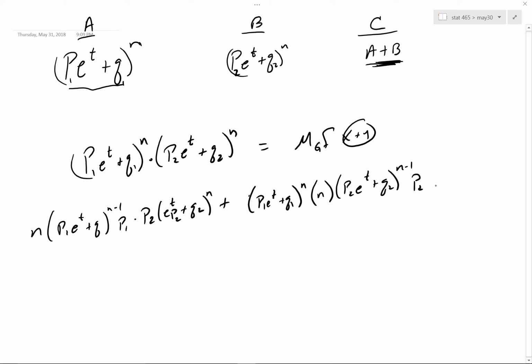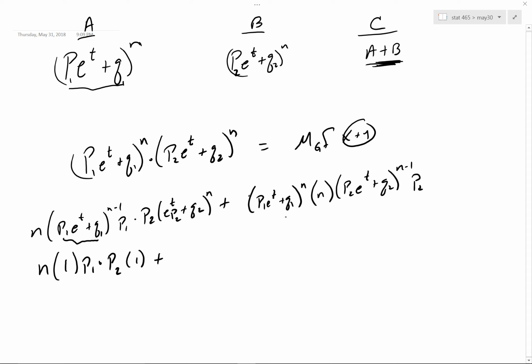Now if you evaluate when t is equal to 0, you end up with n times p plus q, and any p plus q just cancels out, so that's handy. So that's just 1 times p1 times p2 to the n, and of course when t is equal to 0, this all becomes 1.